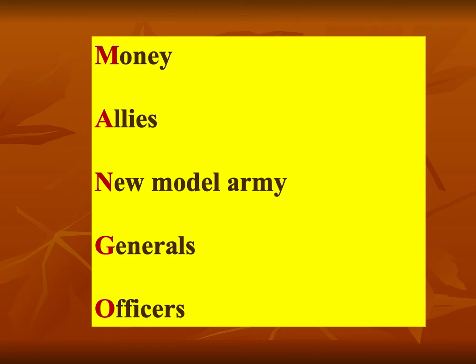The New Model Army, you became the leader by being good at your job, not by being born rich. So the New Model Army, the parliamentarians, had better leadership. And that was at general level, so the very top of the army, and at officer level, so lower down.